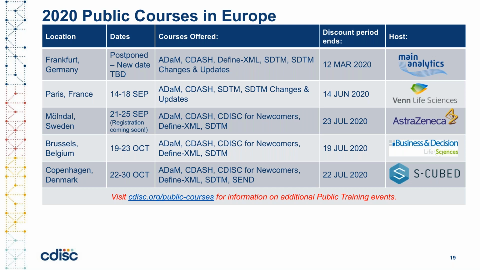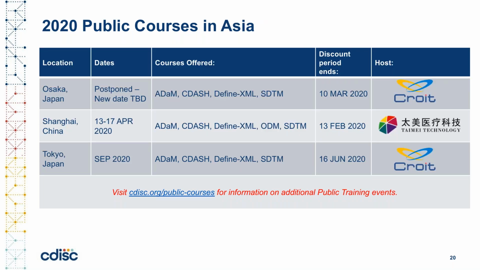You can find all this information on the CDISC website if you'd like to check it out. Also with our Asian trainings, our Osaka training that was supposed to be happening, I believe, next week, we've had to reschedule. And our Shanghai training is also being postponed, although I neglected to fix the dates on that. My apologies, that's my bad. But rest assured, it has been rescheduled, or it is being rescheduled.